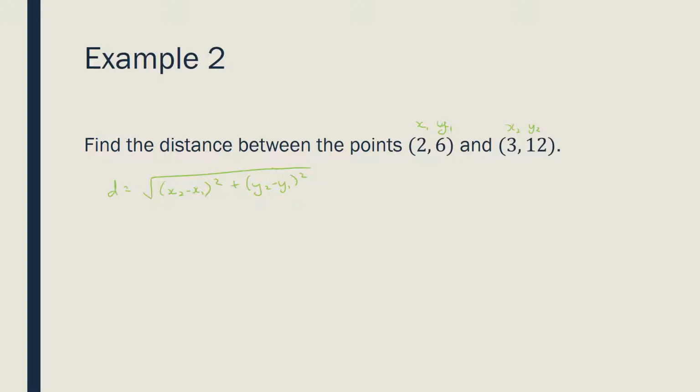Now make sure that you always set out your working with this formula first. Then we get d is the square root of 3 minus 2 squared plus 12 minus 6 squared. So we get d is going to be the square root of 1 squared plus 6 squared. D is going to be the square root of 1 plus 36. So finally, d is the square root of 37, and that's the distance.